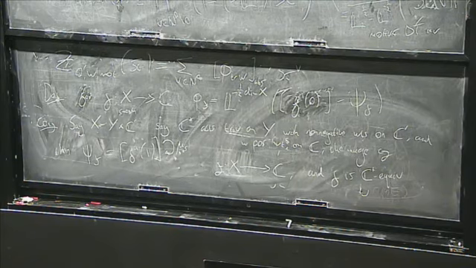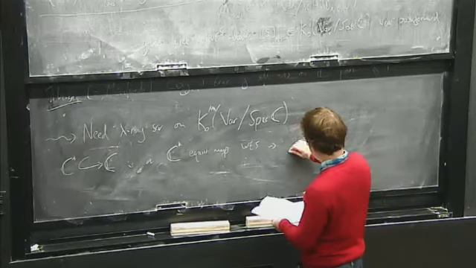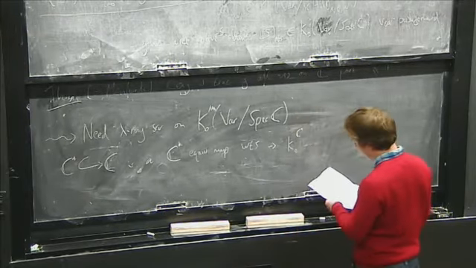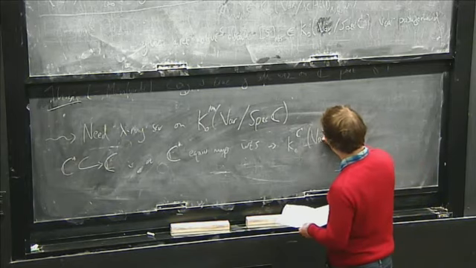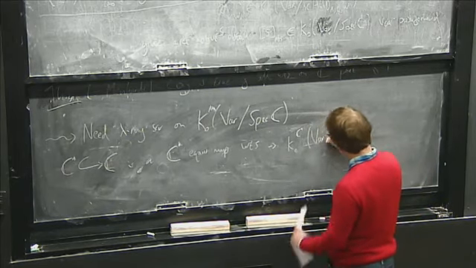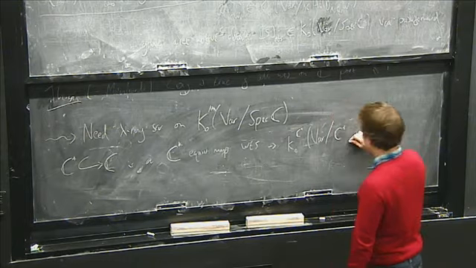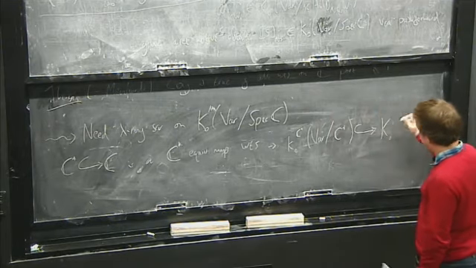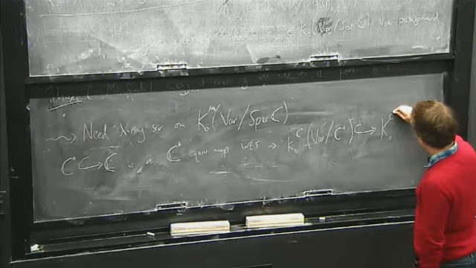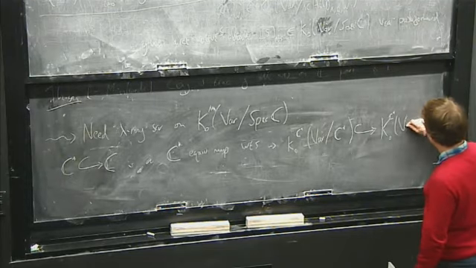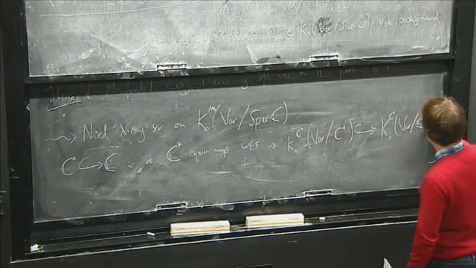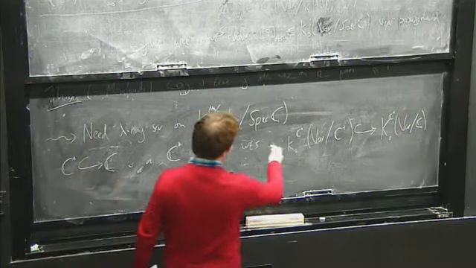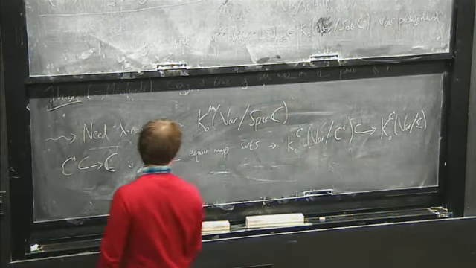This gives us an embedding of K0 of C star equivariant relative motives over C star into this thing, which still only has an additive structure for us. So this is given just by pushing forward maps along this inclusion.